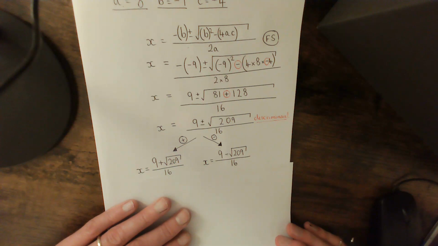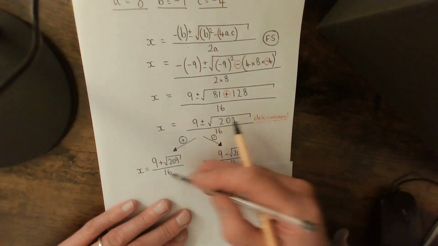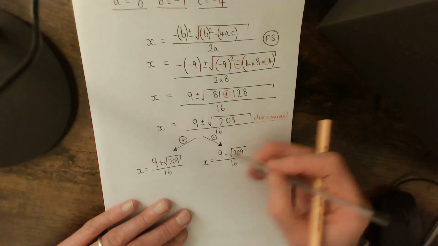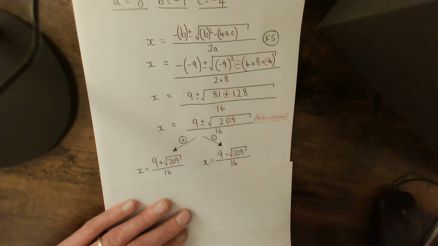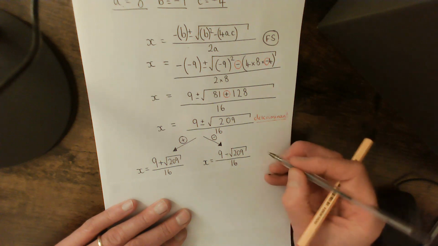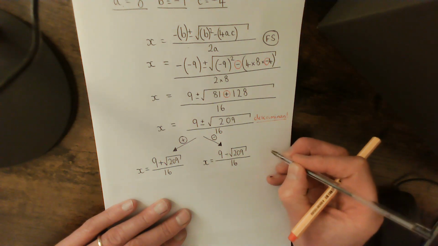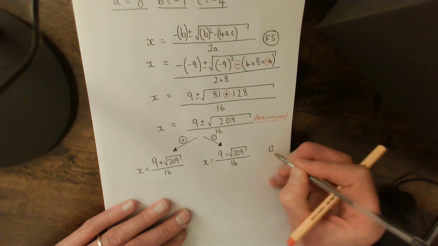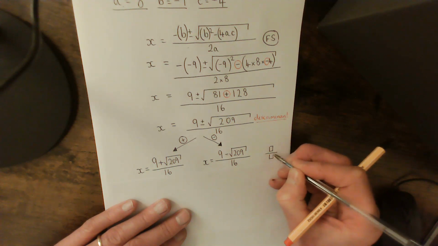I'm just going to rewrite it again, exact same working as I've got here, except I've split the symbol positive and negative. I'm then going to use the fraction button on my calculator. That's the button that looks a little bit like that.